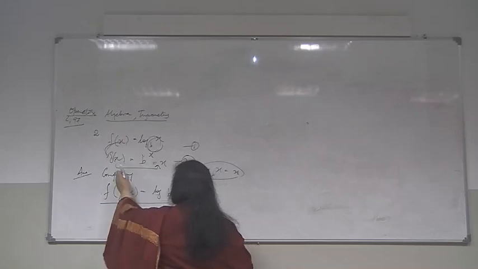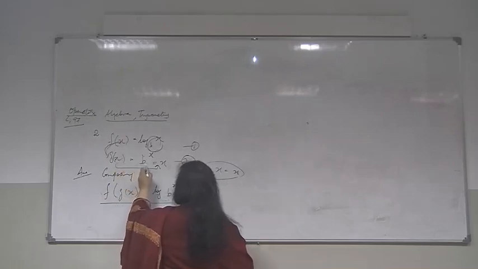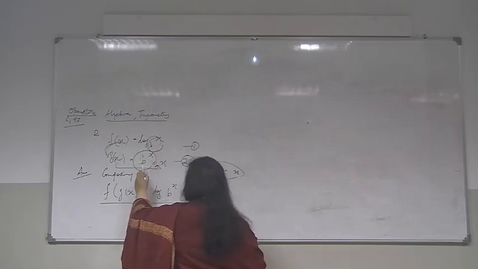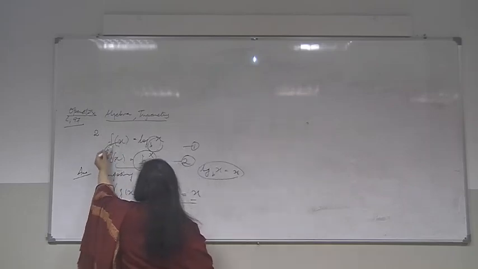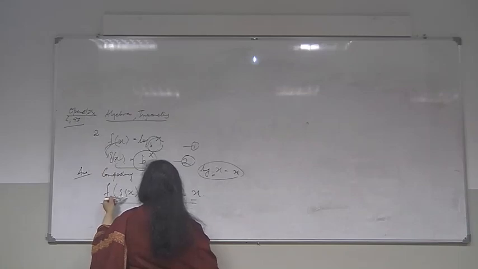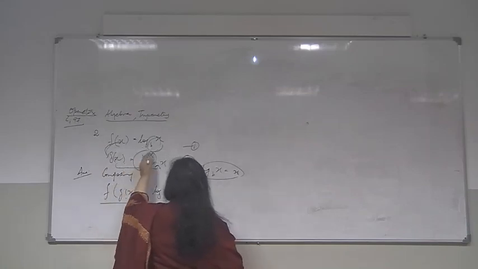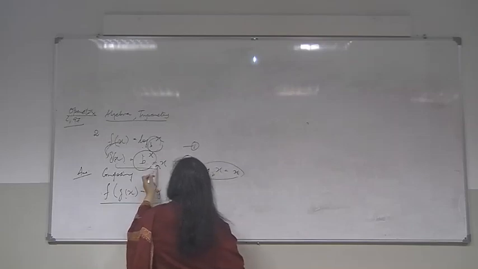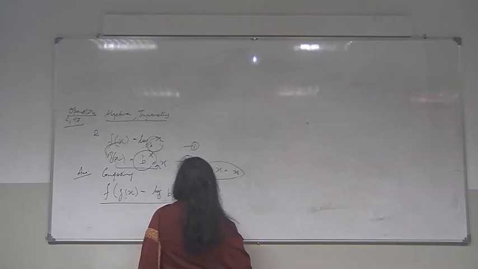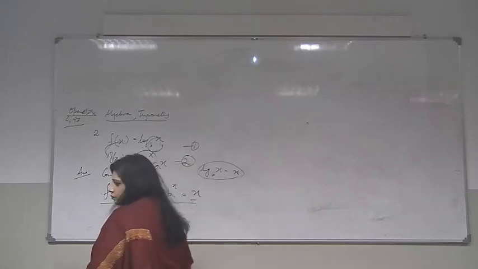But when you're replacing one value into another, since this is already g(x), when you're replacing this value inside this value, this will already have this log of g(x) basically. So this whole value is equal to x. You can simply equate this as equal to x.